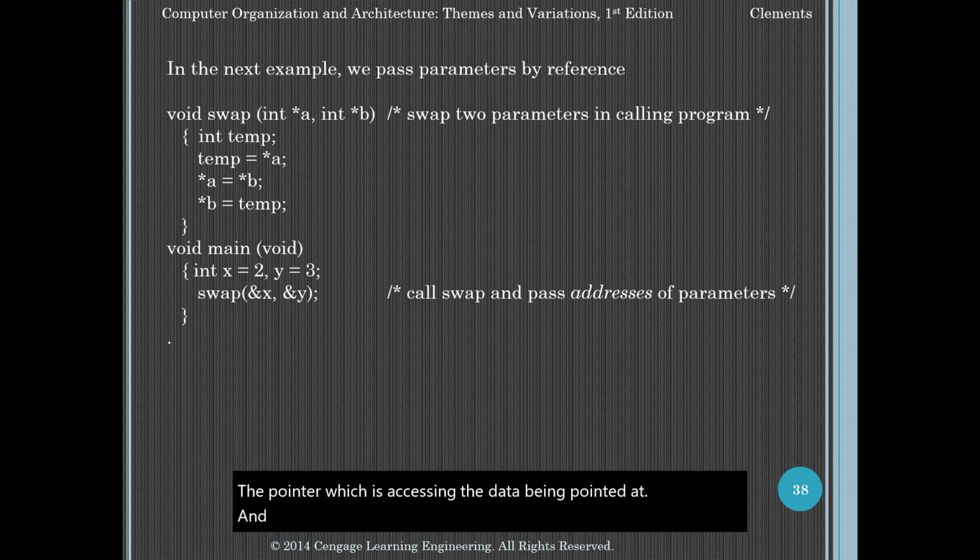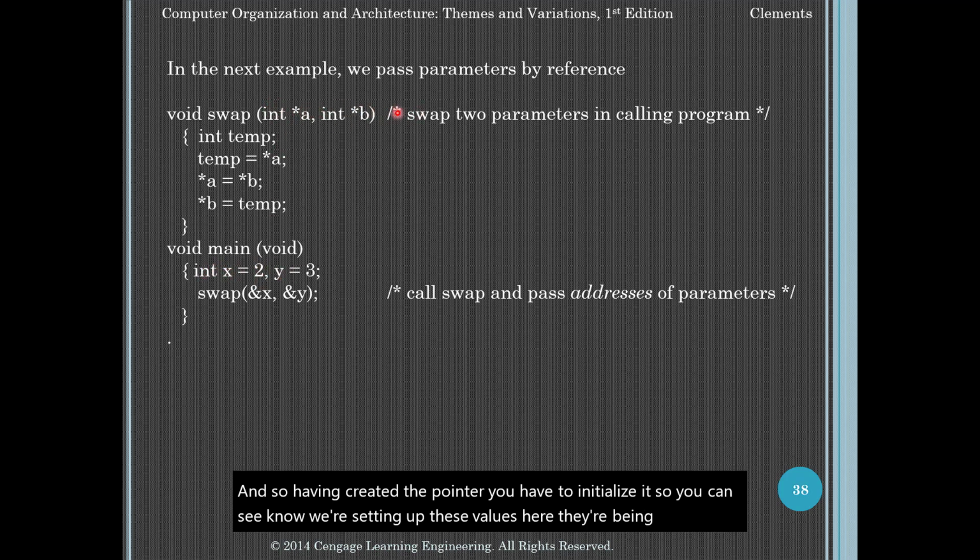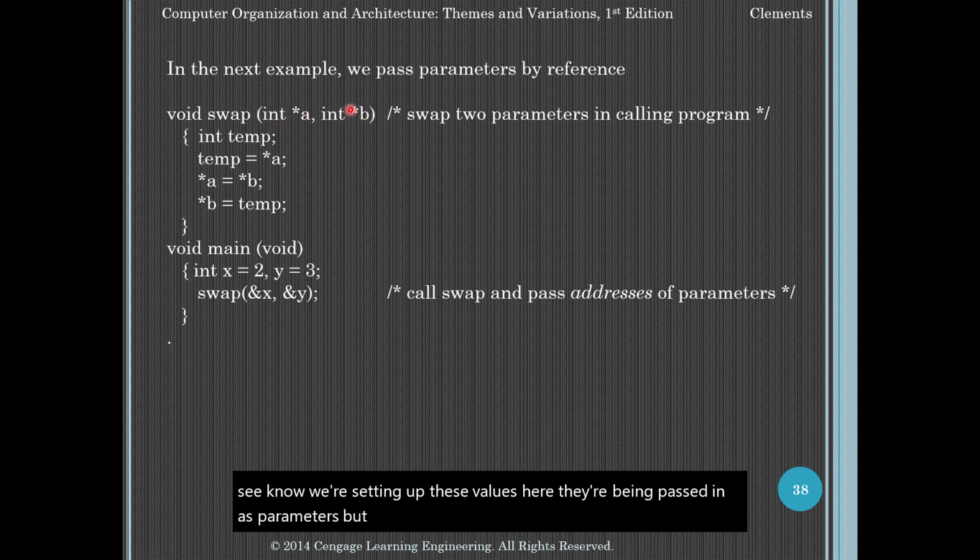Having created the pointer, you have to initialize it. You can see we're setting up these values here. They're being passed in as parameters, but we're creating pointers instead and binding those to our A and B respectively.